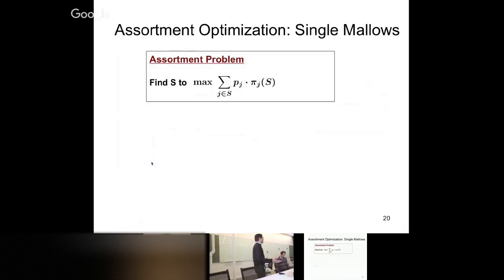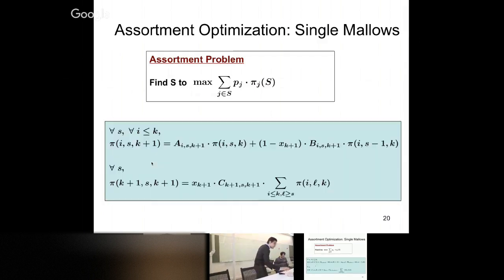So now to the assortment problem. Just recall the assortment problem is finding the subset of options that maximizes the expected revenue. Now, I want to go back to this linear system of equations that define my choice probabilities.